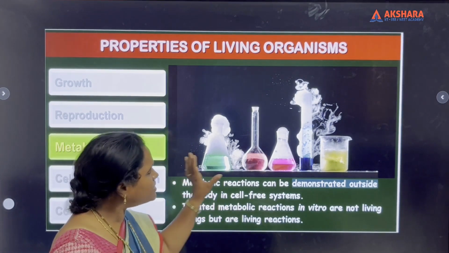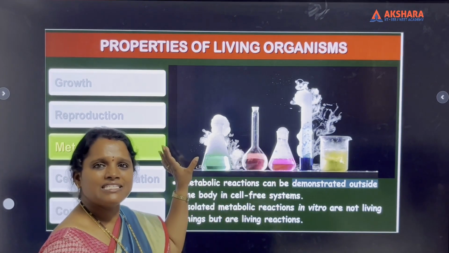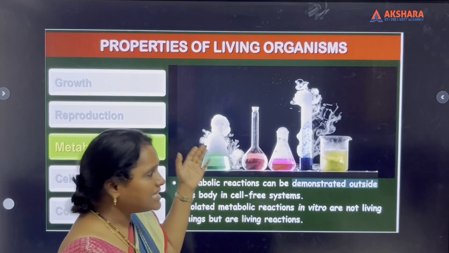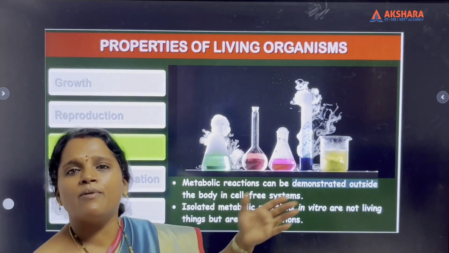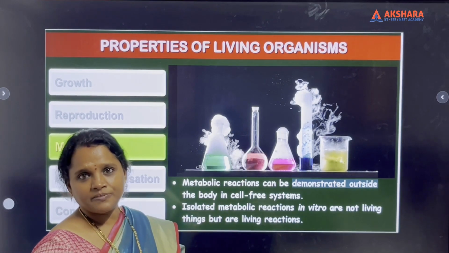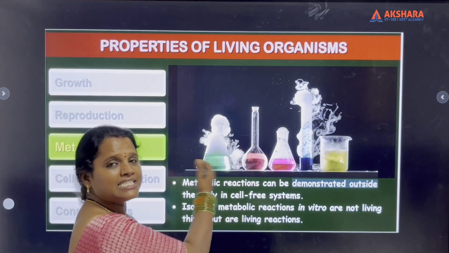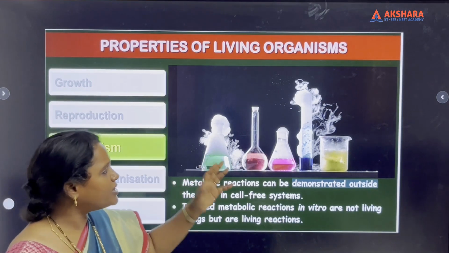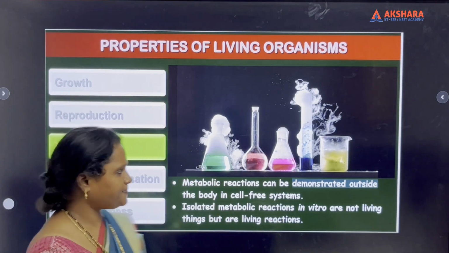So some anabolic and catabolic reactions can be done in the lab. However, these are not called metabolic reactions; they are called living reactions. The reactions which take place inside the laboratory are called living reactions but not metabolic reactions.